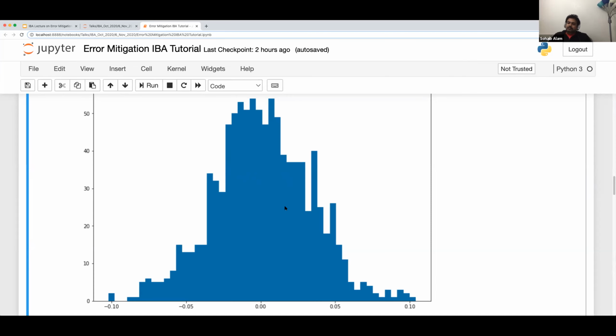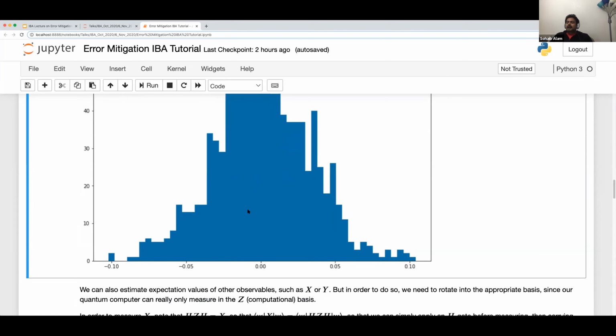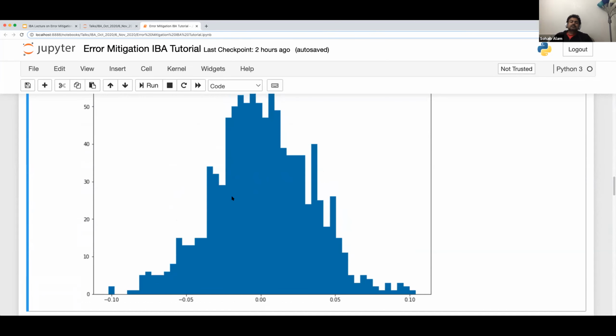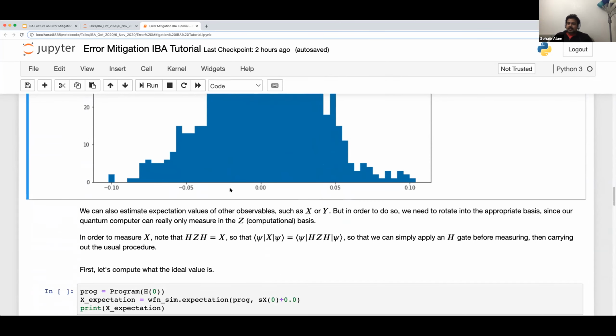But in some stray cases, I will get something around 0.1 or maybe around negative 0.1 and so forth.